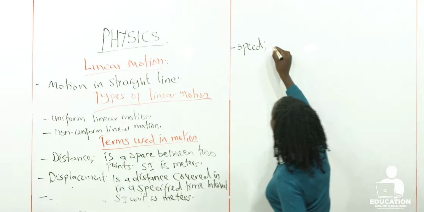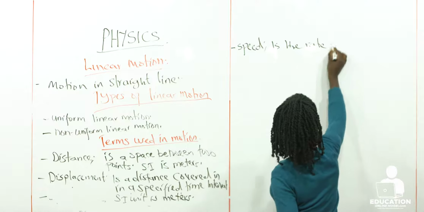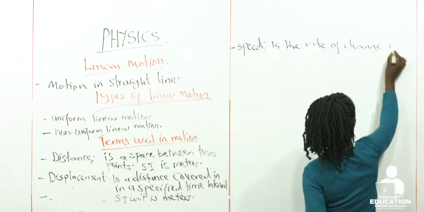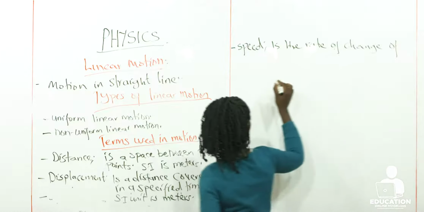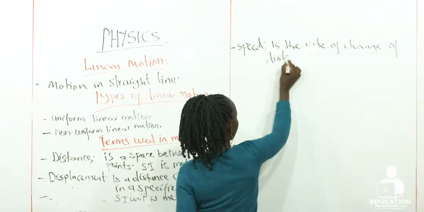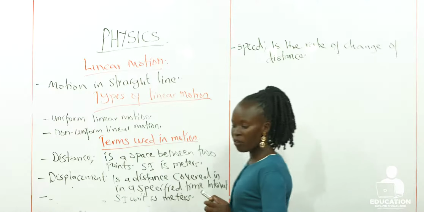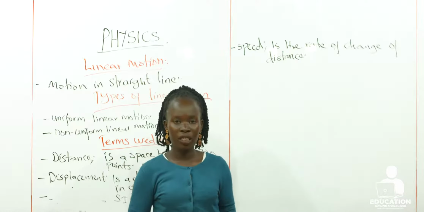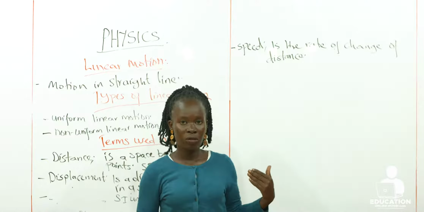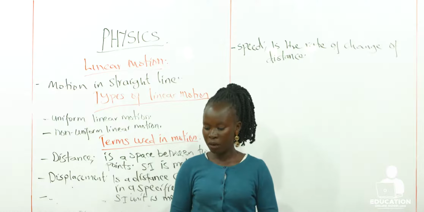So our speed is the rate of change of distance. When you're moving from one point to another, changing that distance in a specific time, it becomes our speed.